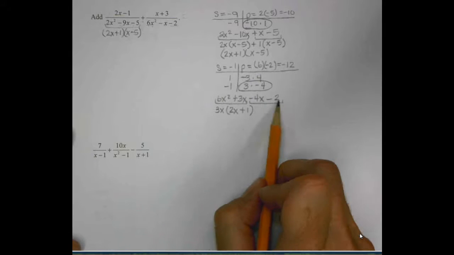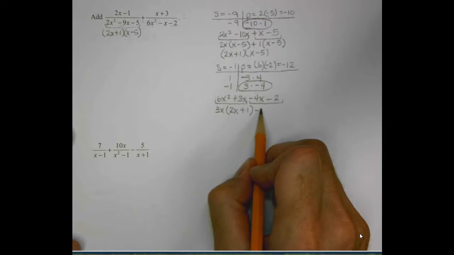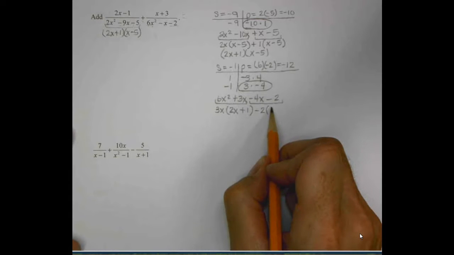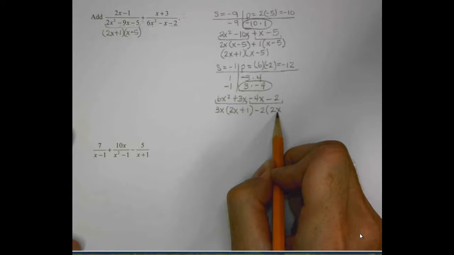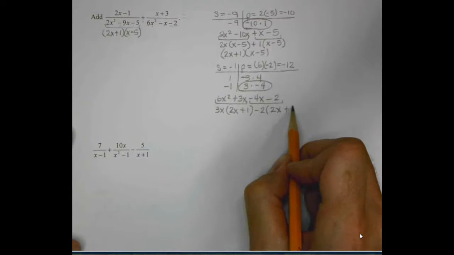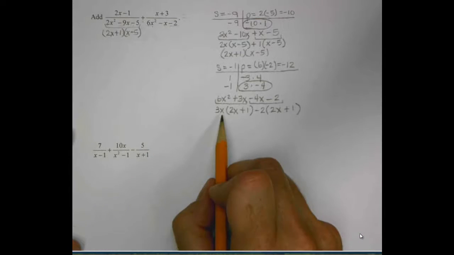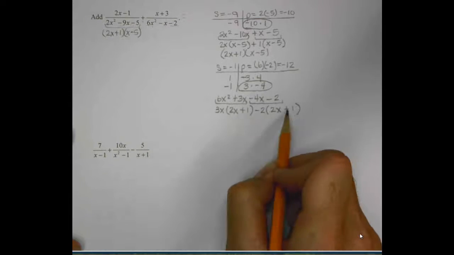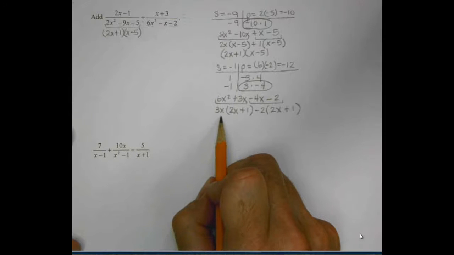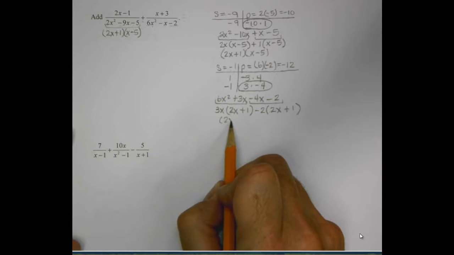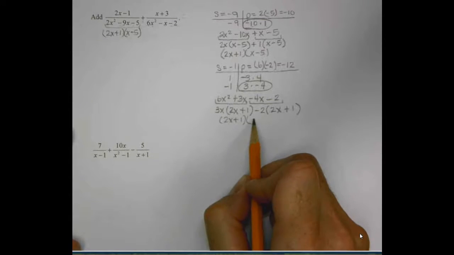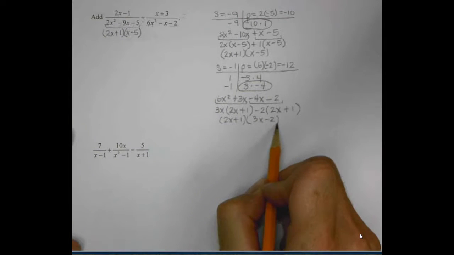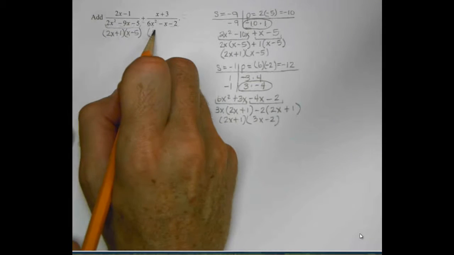And for my last pair, I can pull out a -2, and I have left +2x plus 1. And then I see I have a 2x plus 1 on both, so I pull it out as my greatest common factor, and I have left a 3x minus 2 as my other factor.